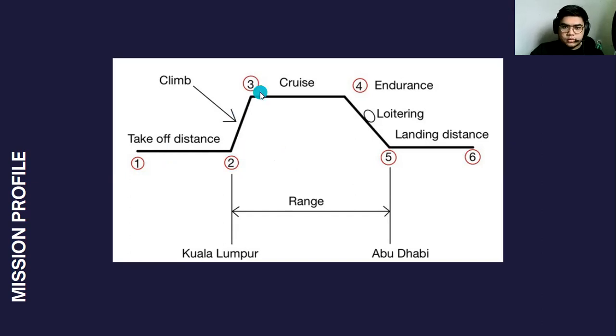At points 3 and 4, the cruising starts, and I will calculate the maximum range, and for point 4 there is some endurance. Since they are containing reserve fuel, my aircraft will do some loitering, and then lastly I will calculate the landing distance.